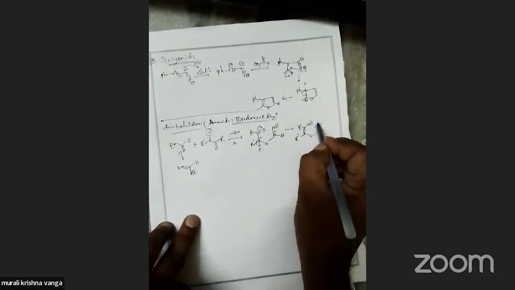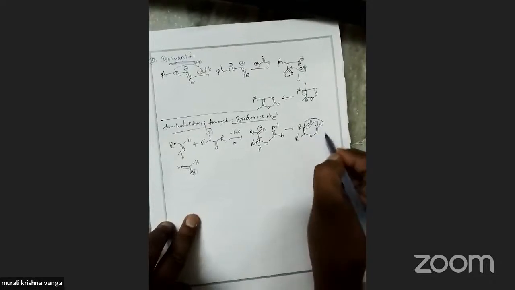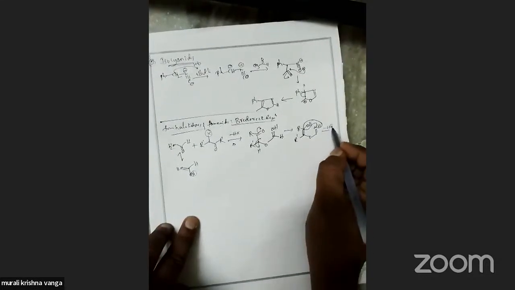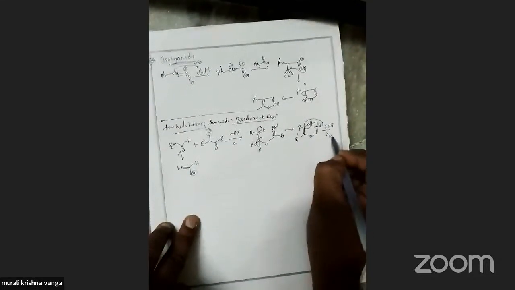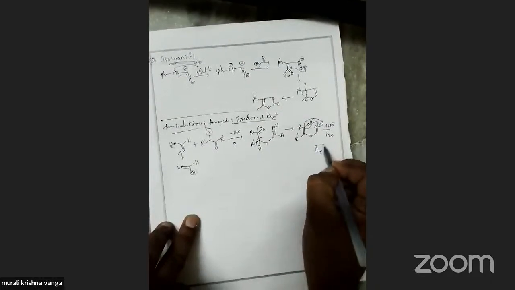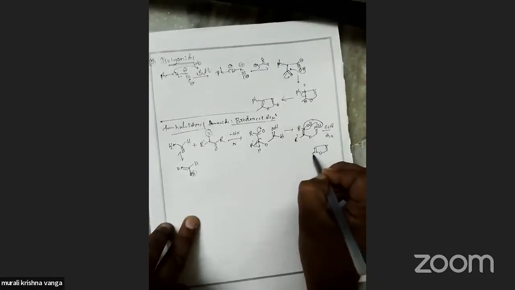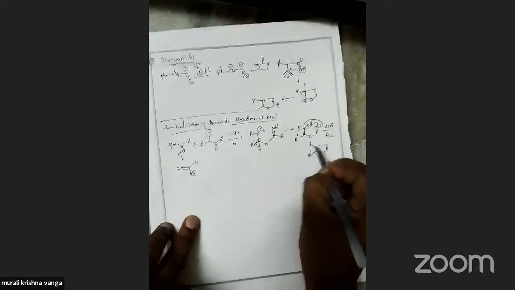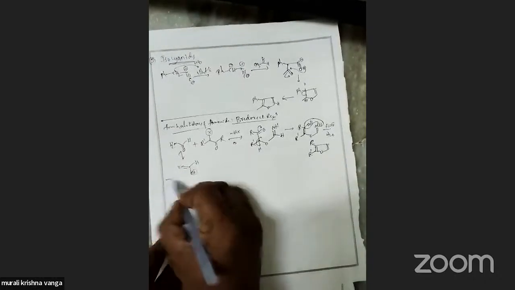This enol involves loss of a water molecule in the presence of an acid medium. Then the product R, R dash is formed. So that is the method.